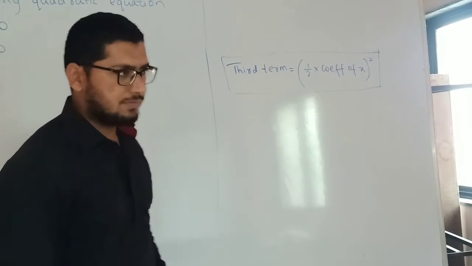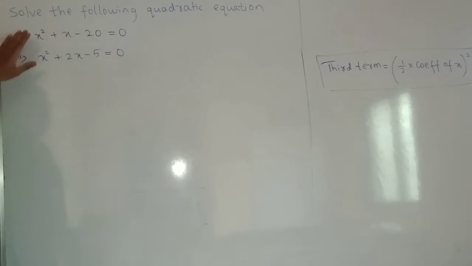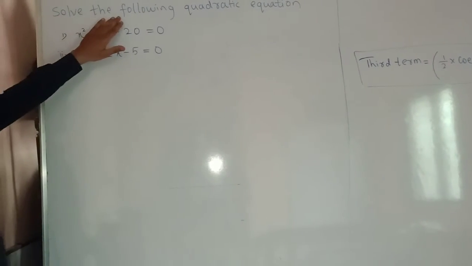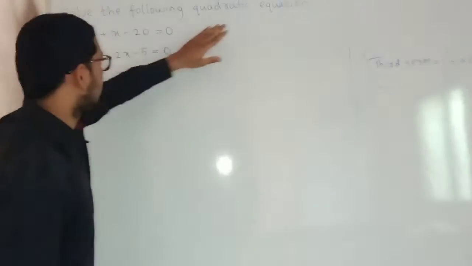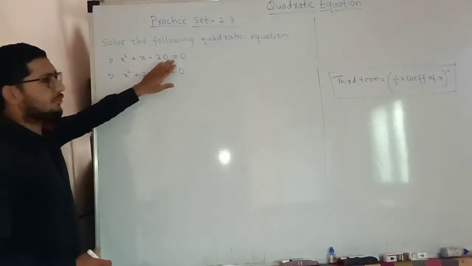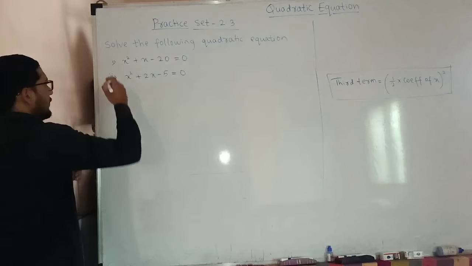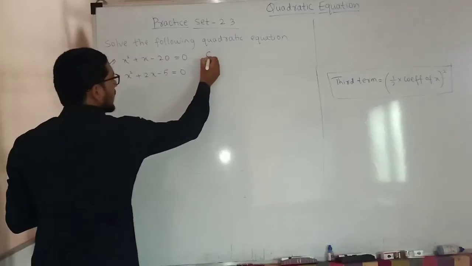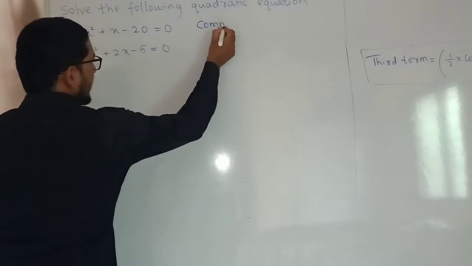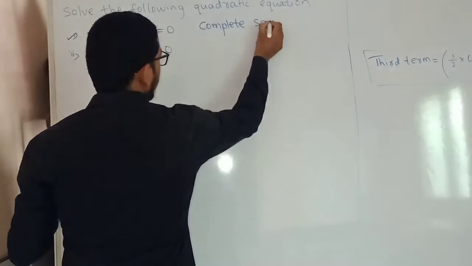Now we'll come to the example. Solve the following quadratic equation: x square plus x minus 20 equal to 0. We have to solve this equation using the complete square method.